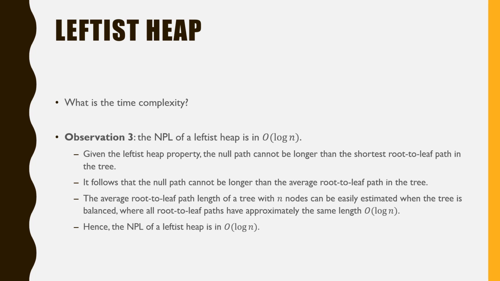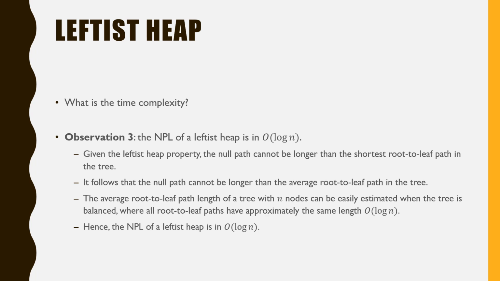Third, we claim that the NPL of a leftist heap is upper bounded by O(log n), where n is the size of the heap. By definition, the NPL cannot exceed the shortest root to leaf path in the heap. It follows that the NPL cannot exceed the average root to leaf path in the heap.